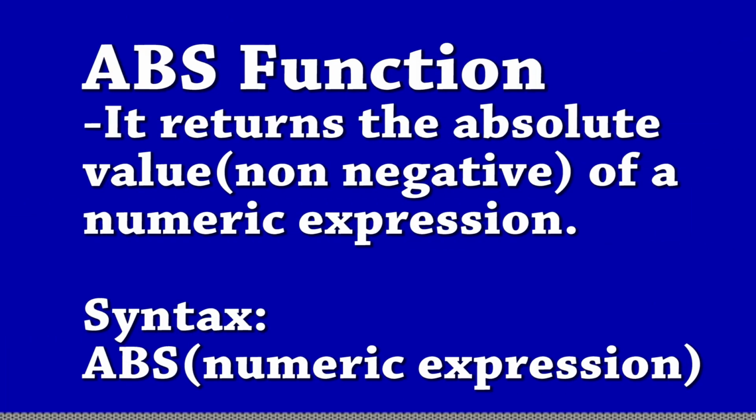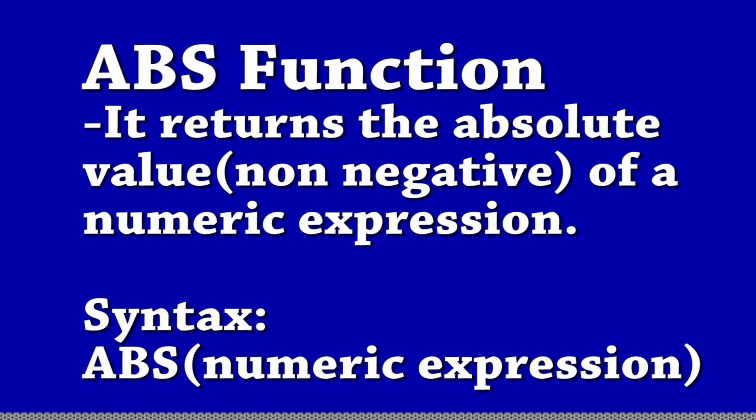Okay, so now another topic, we'll read another function, that is the ABS function. First you have to understand what the ABS function is. ABS means absolute. It returns the absolute, non-negative value of a numeric expression, means the non-negative value of the expression.